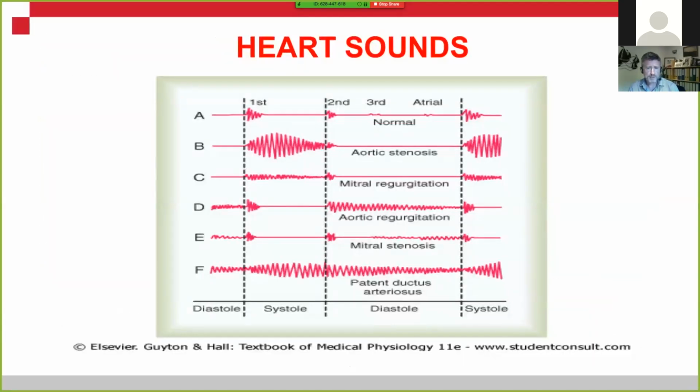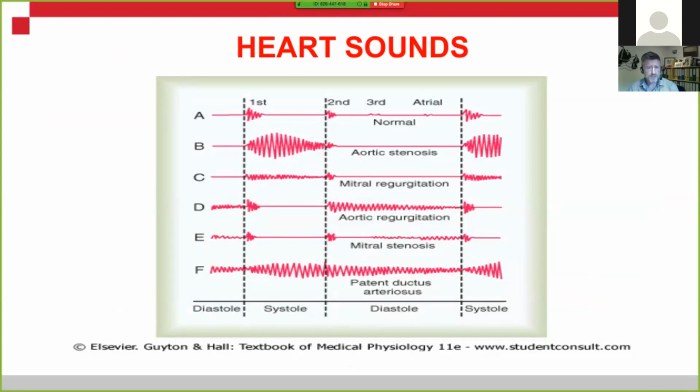Typical murmurs, again, I'm sure you're all very familiar with this. Obviously, you've got the systolic and diastolic murmurs. The first heart sound is represented by the closure of the mitral and the tricuspid valves, and the second heart sound by the closure of the aortic and the pulmonary valves. So typical systolic murmurs, the ones we're most concerned about, are aortic stenosis, which is the typical crescendo, decrescendo type murmur.